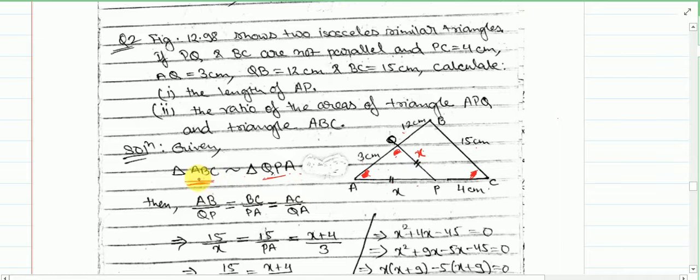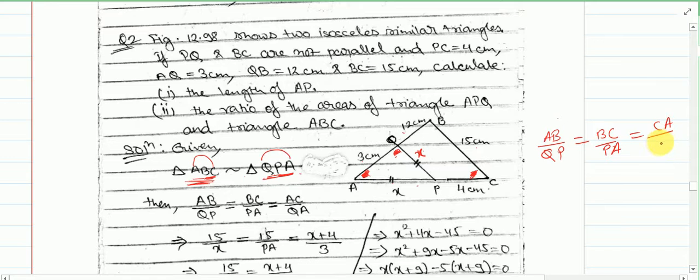Like here AB will be proportional to QP, so you can write AB upon QP is equal to BC upon PA, then CA proportional to AQ.